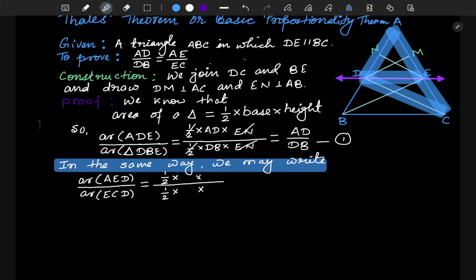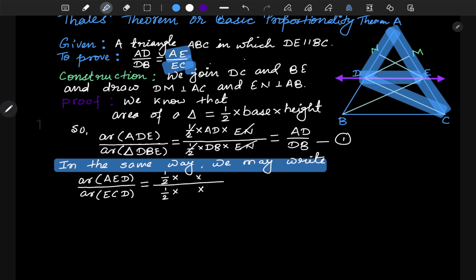You will note that this AED, or in the previous one we have written ADE, are the same thing. So we are taking here AED and ECD. In the exam, while you are memorizing this theorem, it will be helpful for you. Just you need to add D here and here also D.